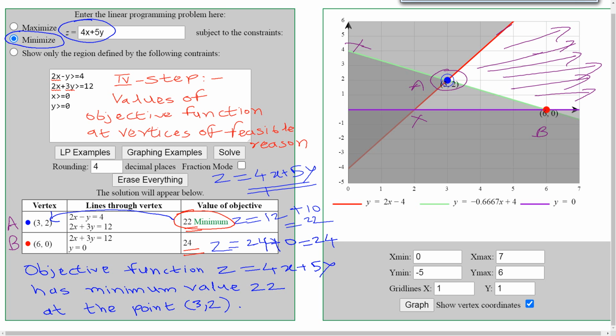This completes the solution of the linear programming problem. Thank you.